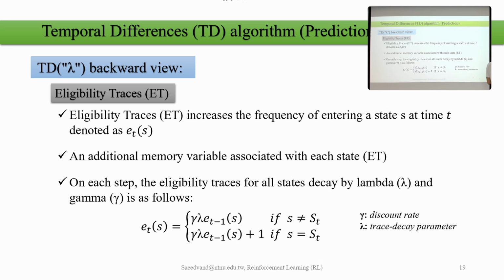For example, if I'm in state T and I want to update the value, so S_{t-1}, S_{t-2}, and so on, how much should the impact of the update be smaller, like this, or quickly decrease like this.